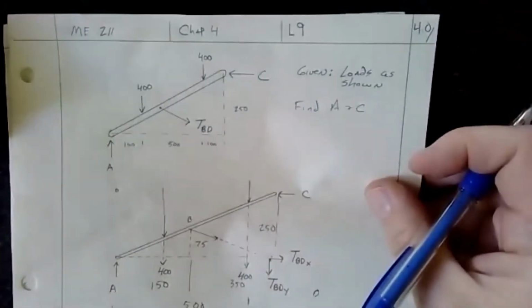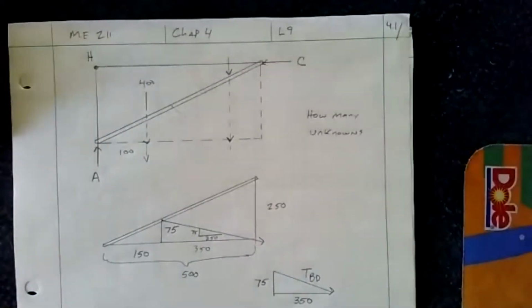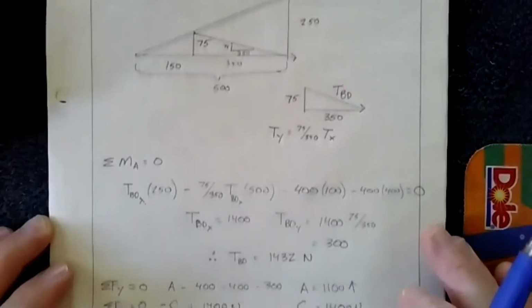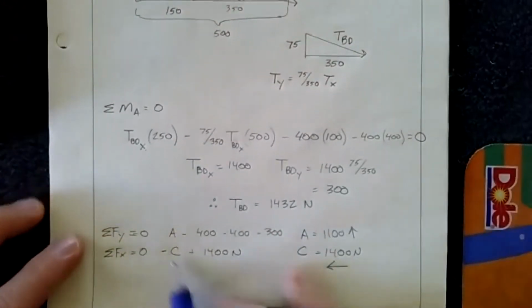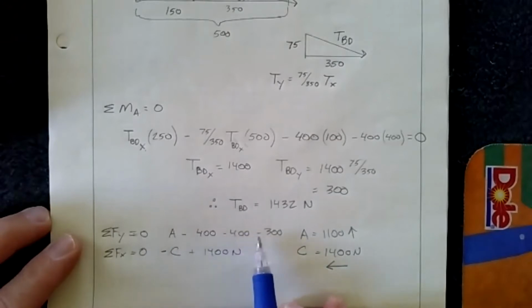Again, I summed the moments about this point up here, H. That's all. I just found that H. Now I need to find A and C. To do that, I just sum my forces. So I know A minus 400 minus 400 minus 300.